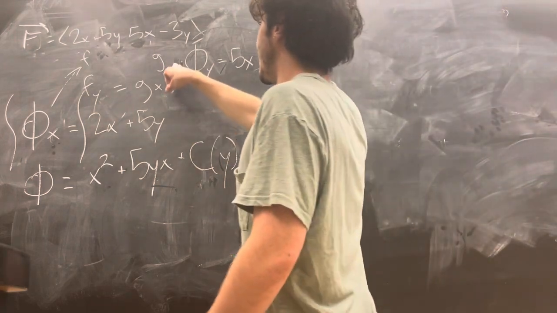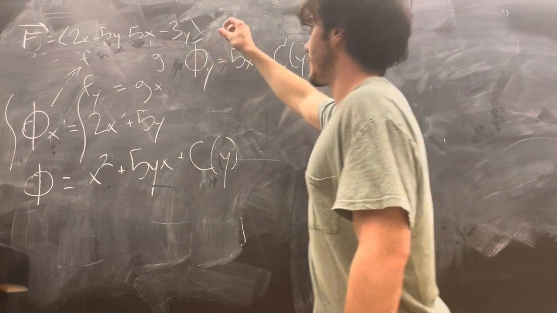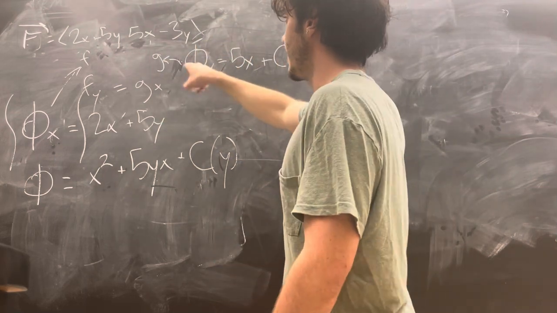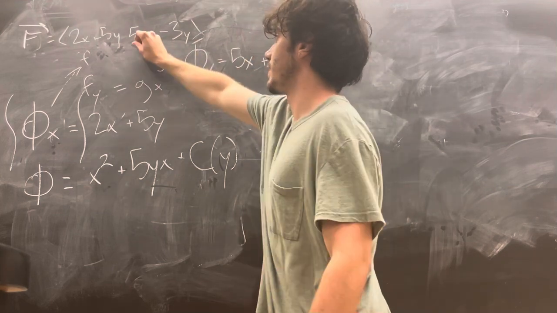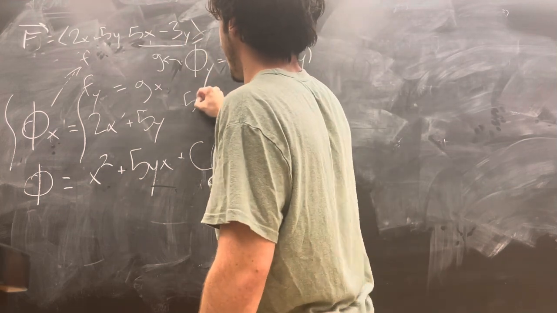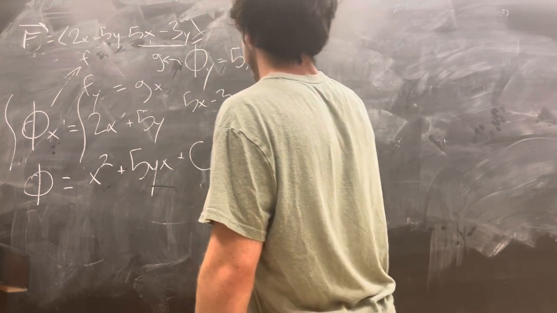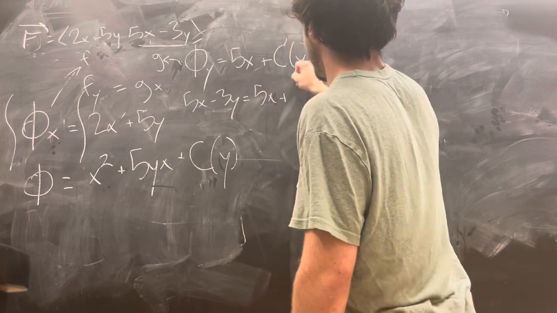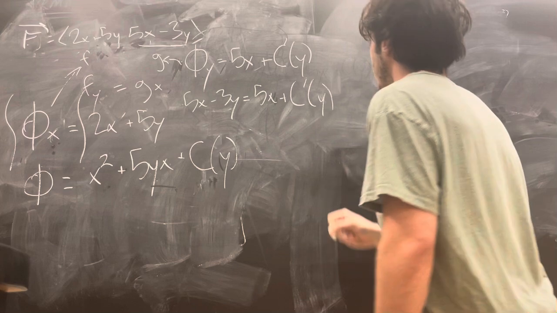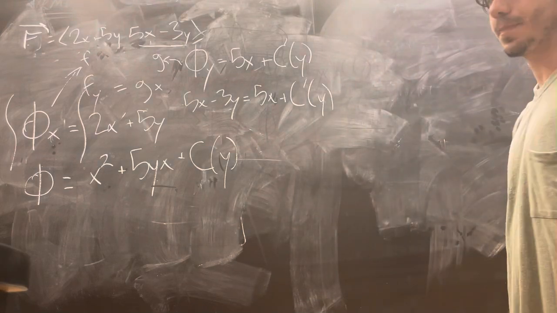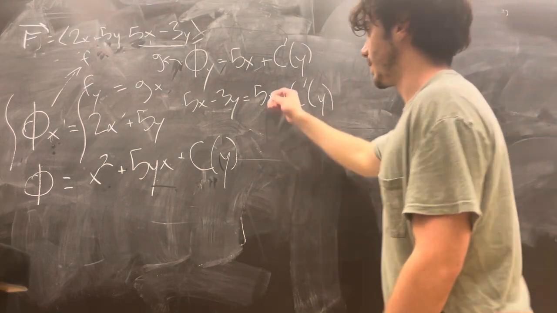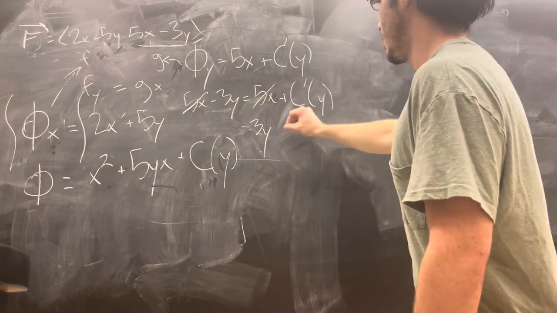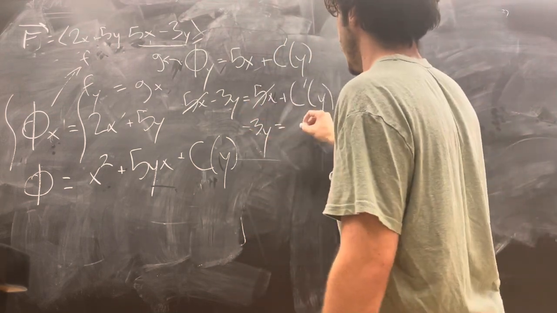But we know that the partial of phi with respect to y is equal to our g component. So we can sub this out with this g component here. We have 5x minus 3y equals 5x plus this constant where we have taken the derivative. Now, these 5x's will cancel, and this makes sense because if this is something that depends on y, we can't have x's in the equation.